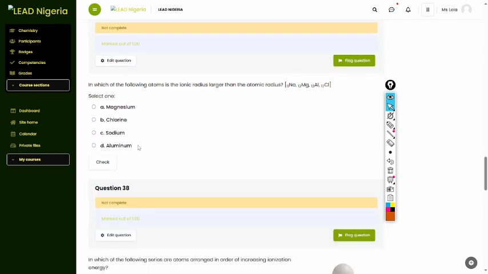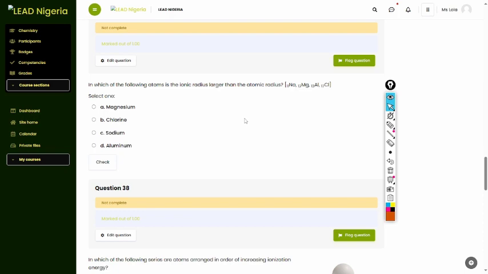Okay. In which of the following atoms is the ionic radius larger than the atomic radius? Okay, so ionic radius refers to the radius of an ion, meaning the distance from the center of that ion to the last shell of that ion.